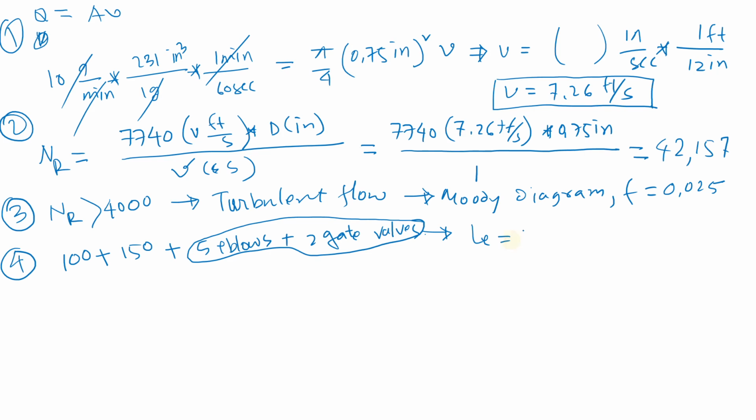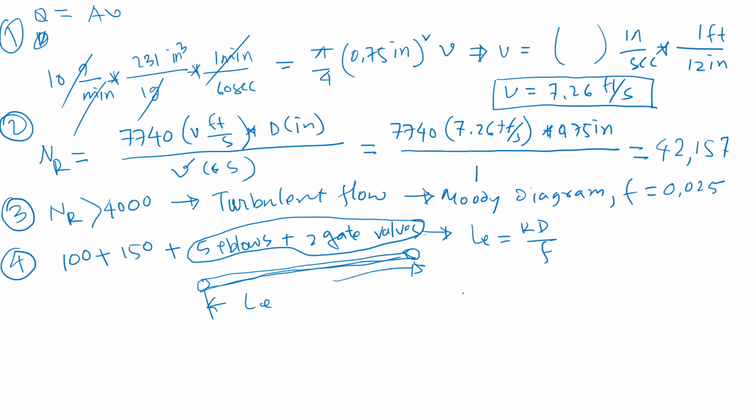Equivalent length LE is K D by f. The idea of equivalent length is the total amount of loss expressed as a straight pipe. So how many feet of straight pipe has the total amount of loss of these 7 fittings, 5 elbows and 2 gate valves?